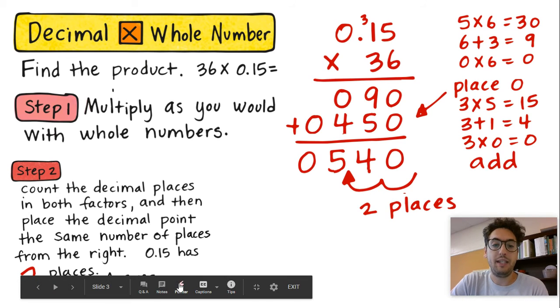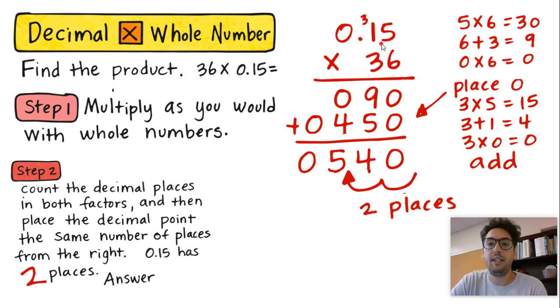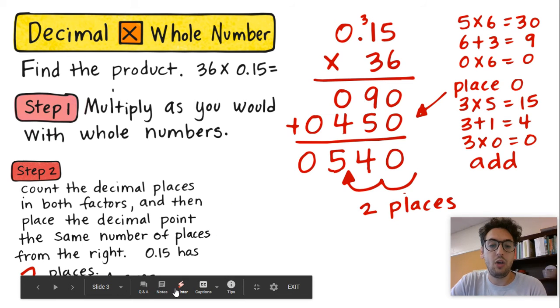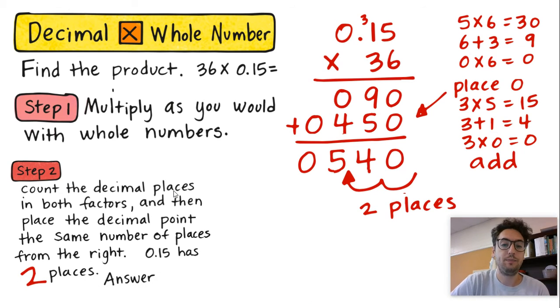So what I mean by places is we've got our decimal, and then we've got 1 place, and then we've got 2 places. Okay? So you're literally saying, hey, from where my decimal is, if I start counting numbers to the right, I got 1, I've got 2. Now 36, I don't have any. So in total, I've got 2 places that I need to move my decimal.